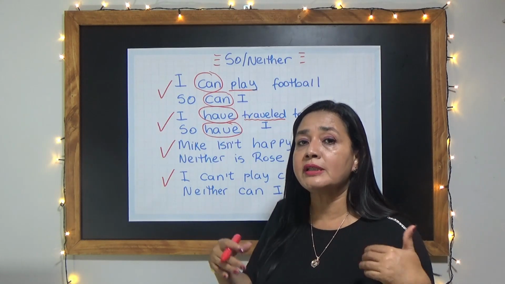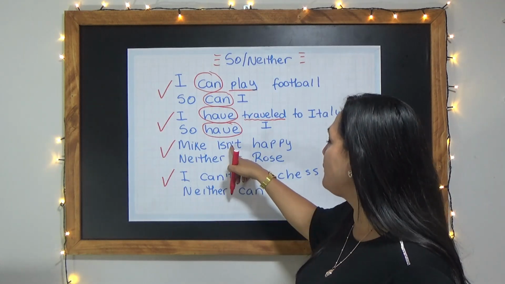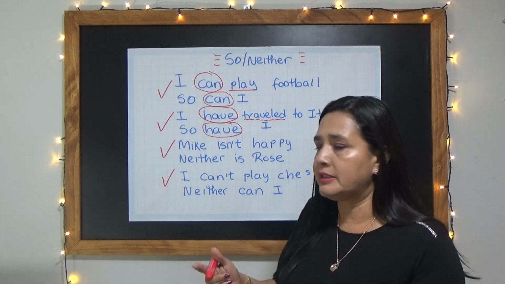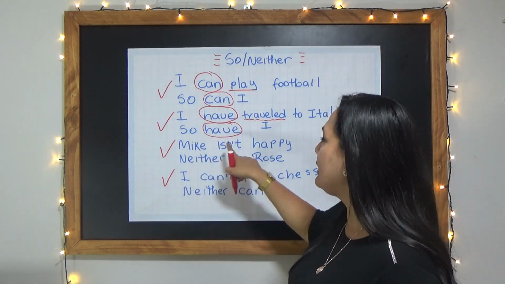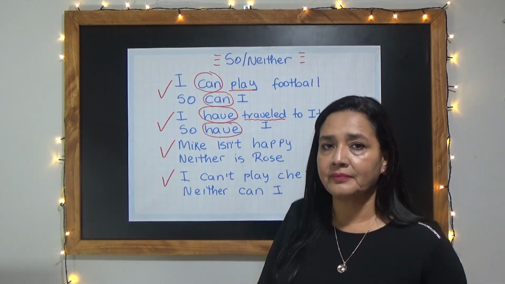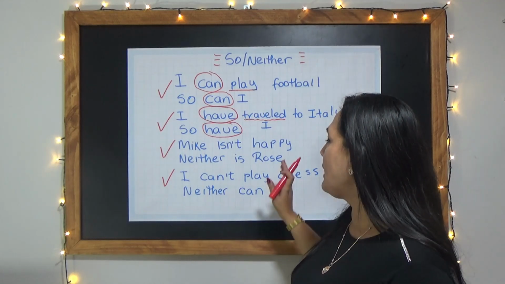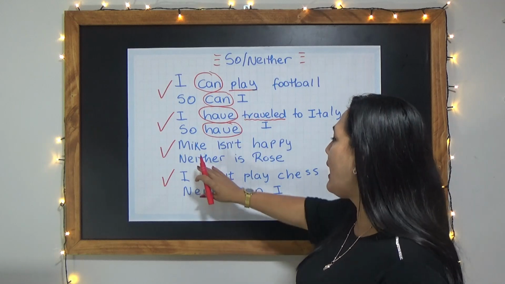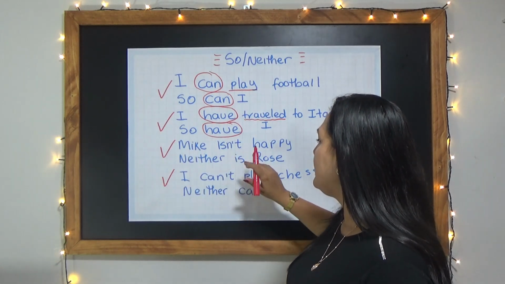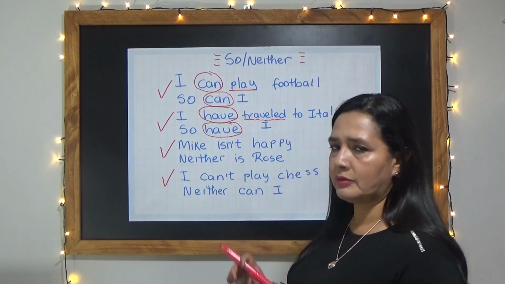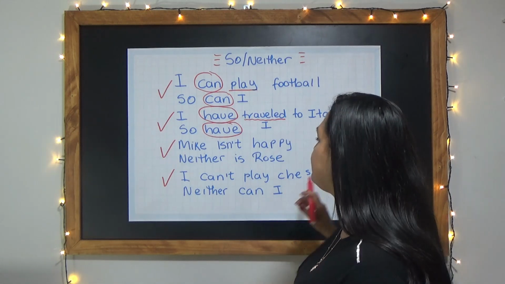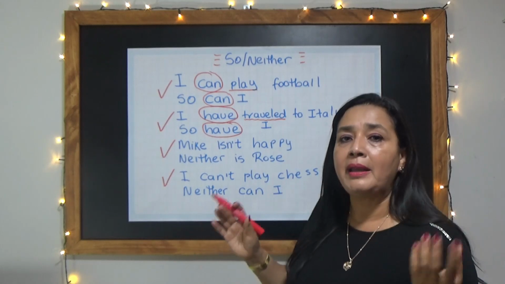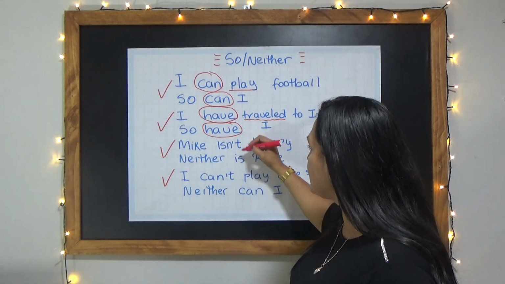You also do the same thing if we have the verb is or are, or isn't, aren't. In this case, Mike isn't happy. Maybe I want to talk about my friend Rose, who also isn't happy. I can say neither is Rose. Alright? The main thing here is that it has to match.